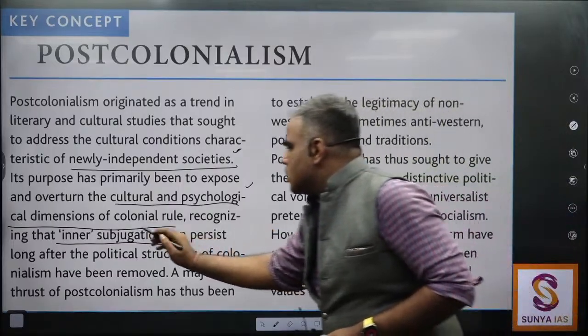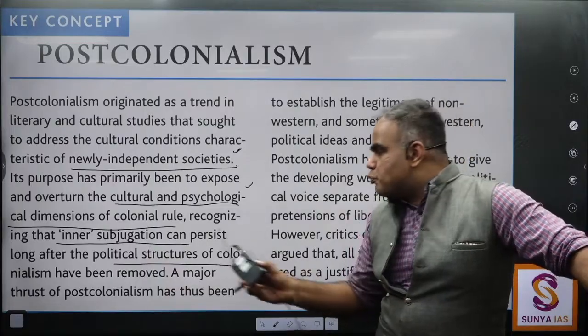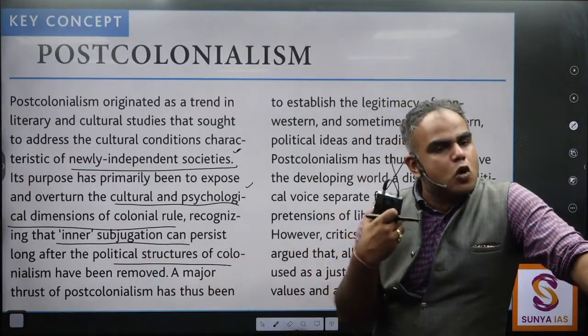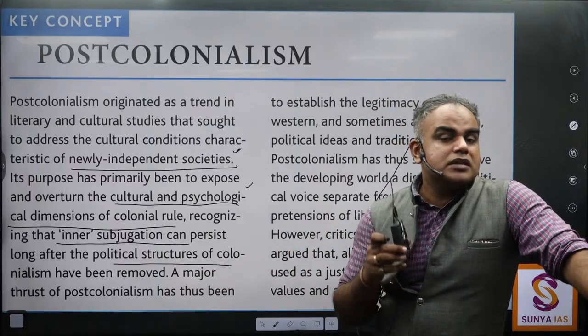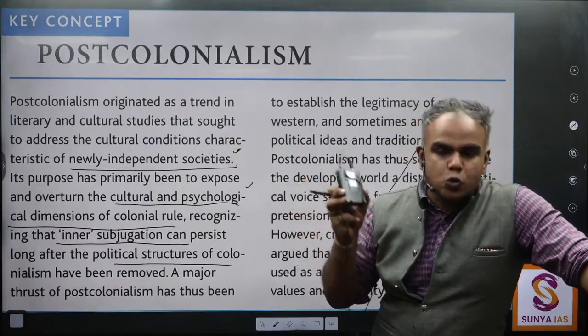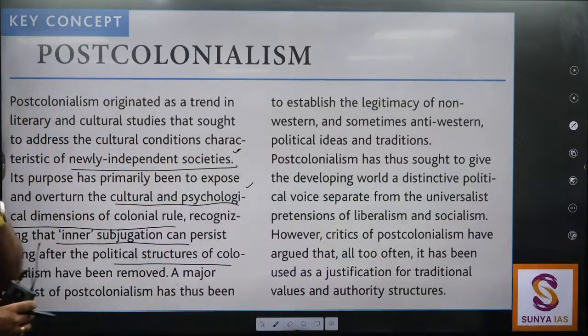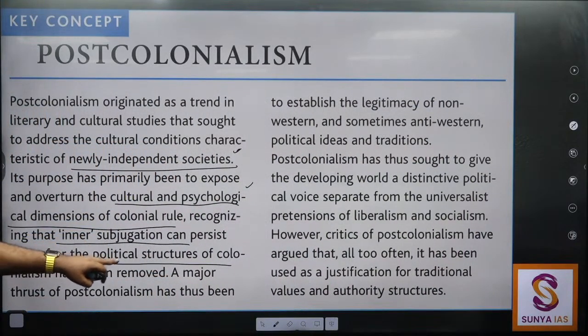Okay. And main cheez kya hai, that even after decolonization, there is still the way in which the colonial powers still rule, right? So we see that, for example, inner subjugation can persist long after political structures have been removed.